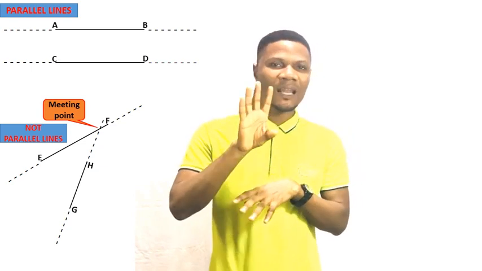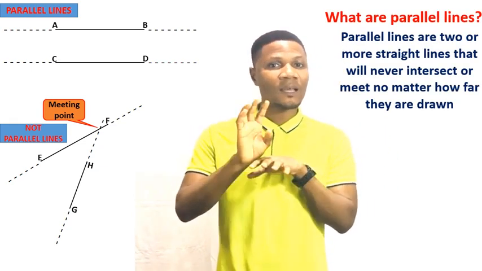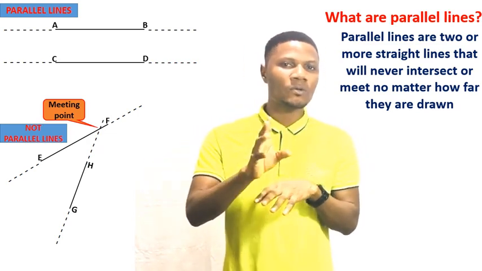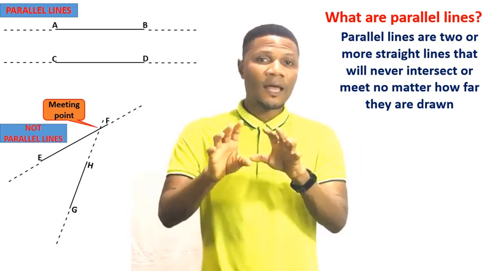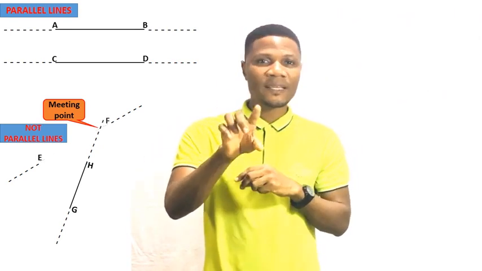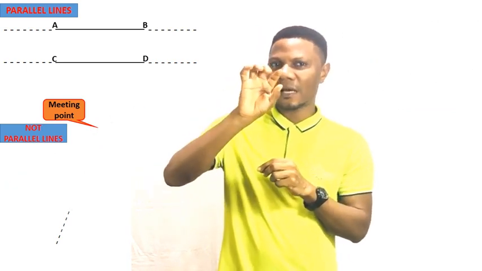So when lines are straight and they can never meet, no matter the degree of extension you give to them, those lines are called parallel lines. Now, you don't need to stress yourself. In most cases, to identify parallel lines, there is always a sign that is written or drawn on the line.